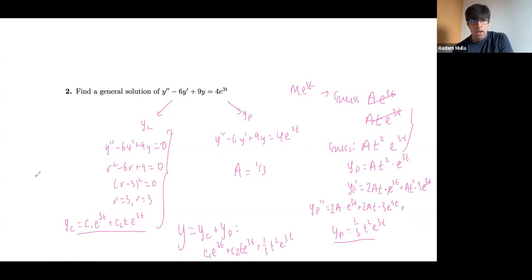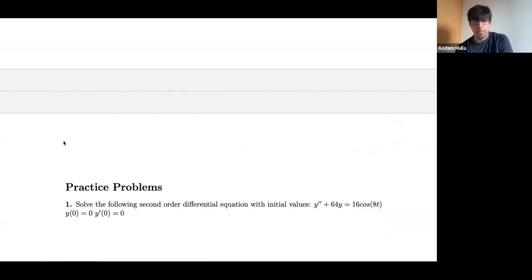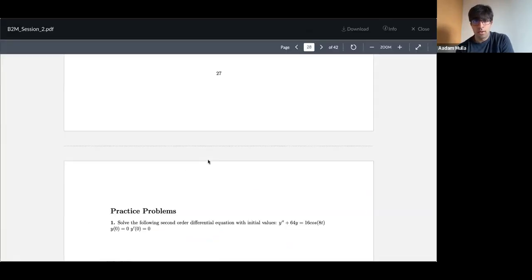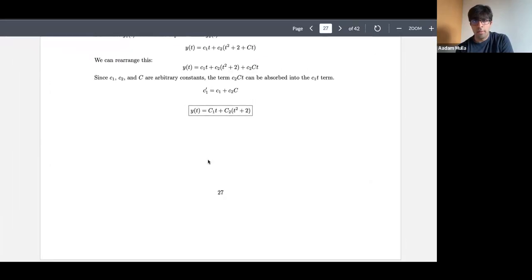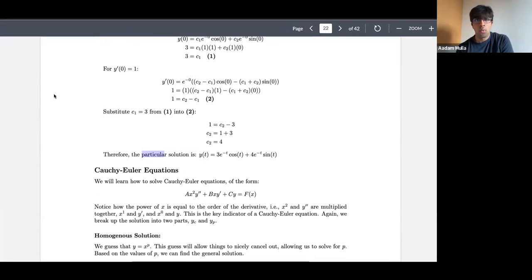Okay, now, a quick recap. Let me zoom out a little bit. A recap is that we are able to solve first order ODEs, either homogeneous or non-homogeneous, using two techniques: separation of variables and integrating factor.